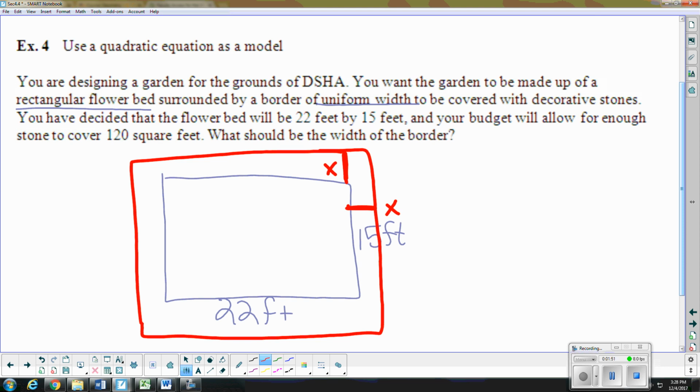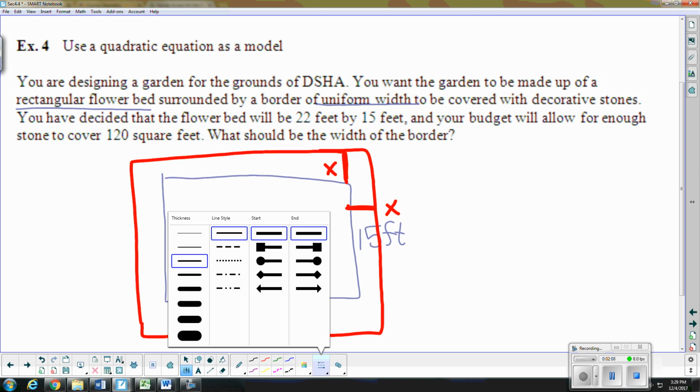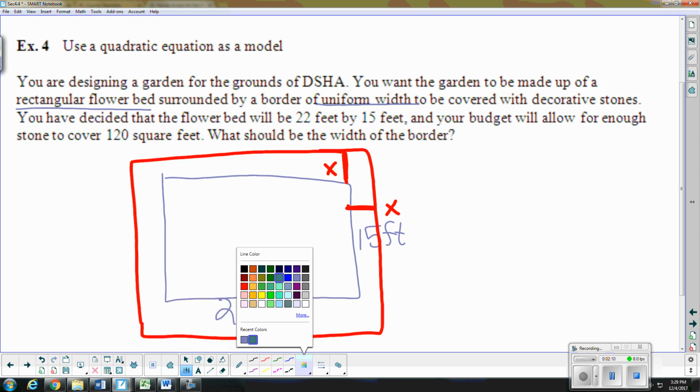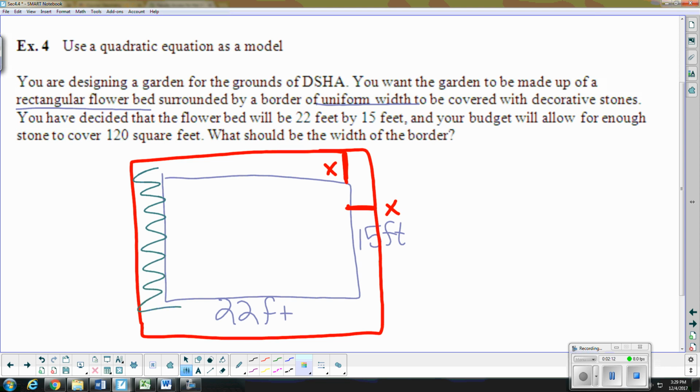It says that my budget's going to allow for enough stone to cover 120 square feet. What should the width of the border be? Well, if I'm looking just for the width of the border, so let's make that the blue. I'm just looking for this. I'm not looking for the whole thing.